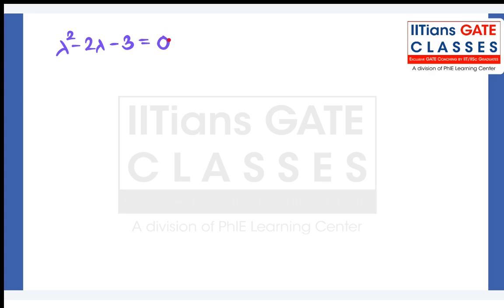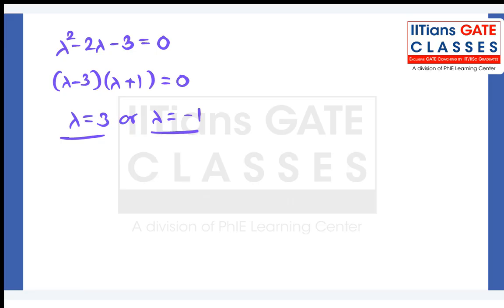And this is nothing but lambda minus 3 times lambda plus 1. Therefore lambda is 3 or lambda is minus 1. So for both lambda values, the last element will become 0.